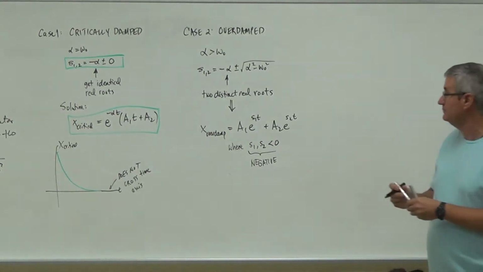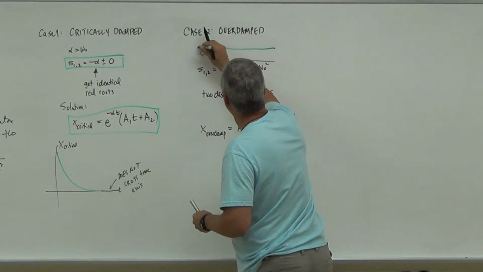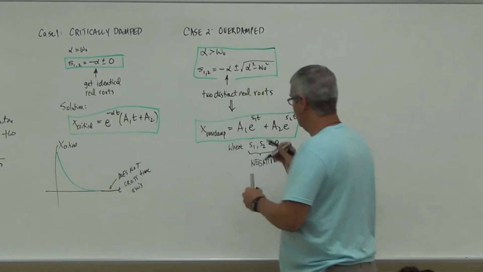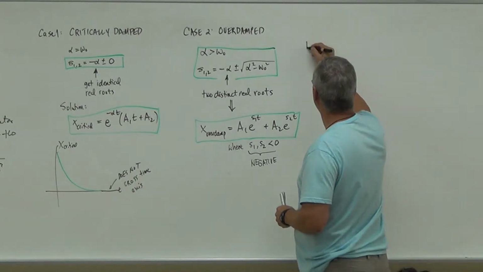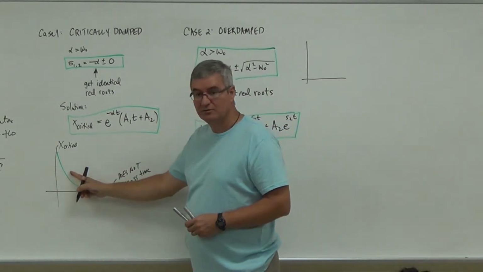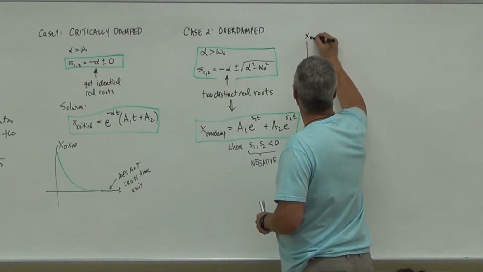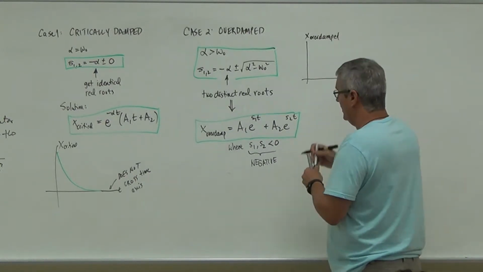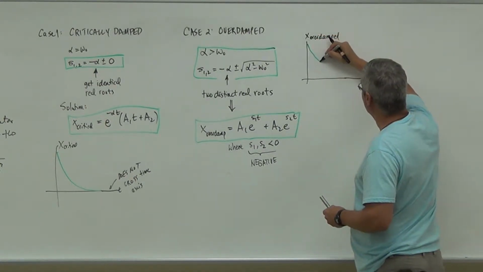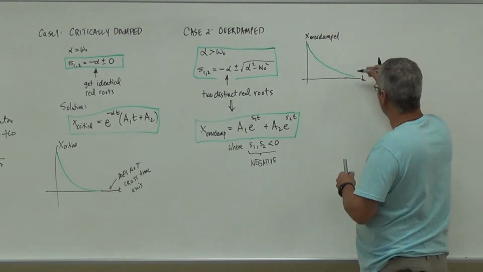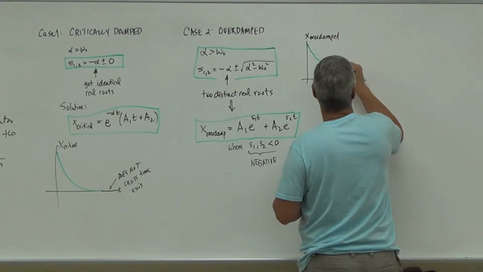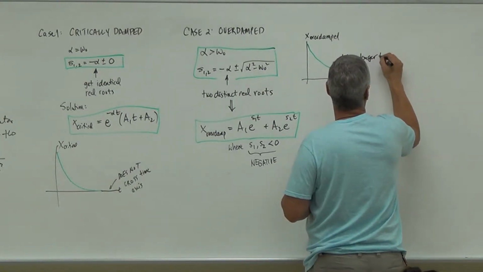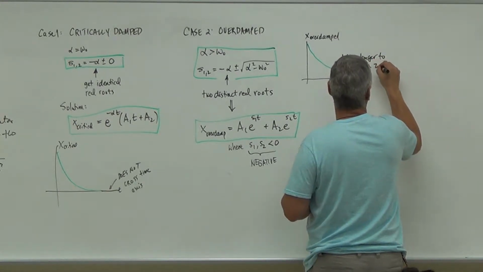So for this scenario, I get this solution right here. If I look at this one, it looks like it's critical, but it's not, because this takes longer to reach 0.